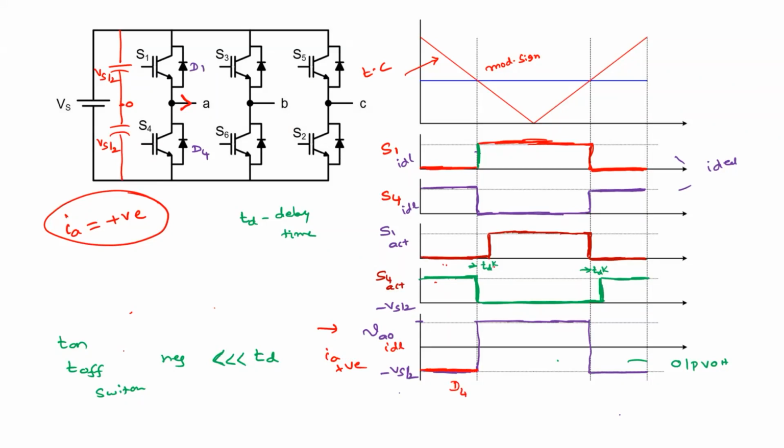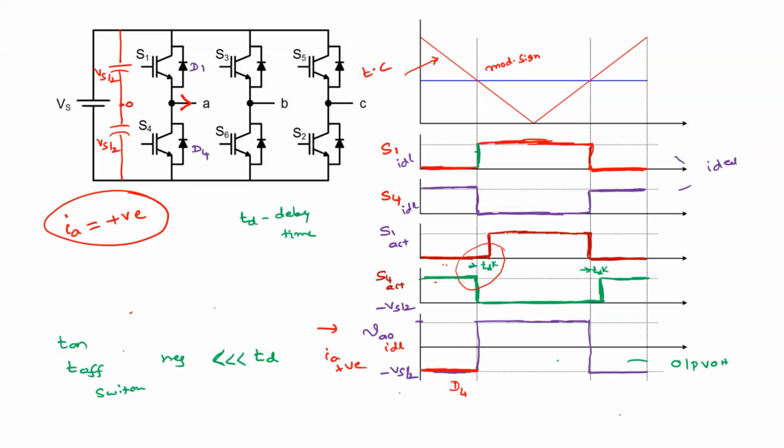Now, during the delay time, which switches are actually conducting? If you see, S1 is low and S4 is also low, so no device is in conduction. Agree? Yes, sir.